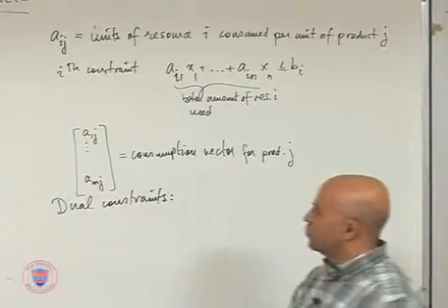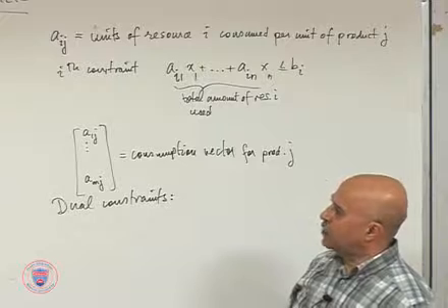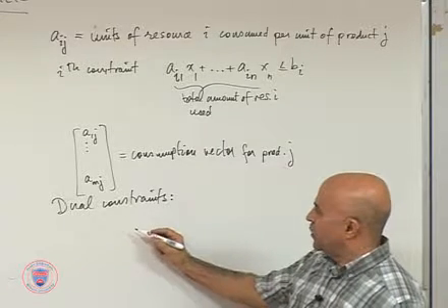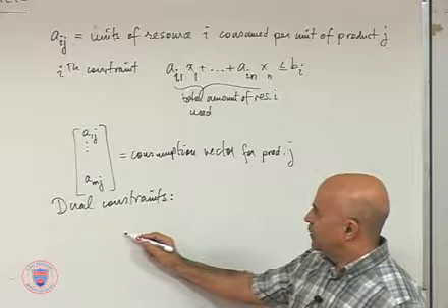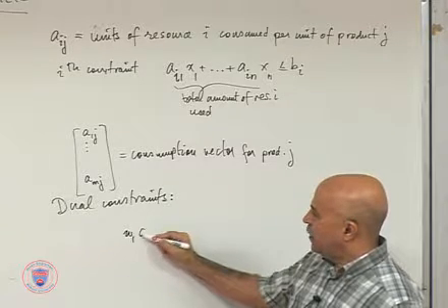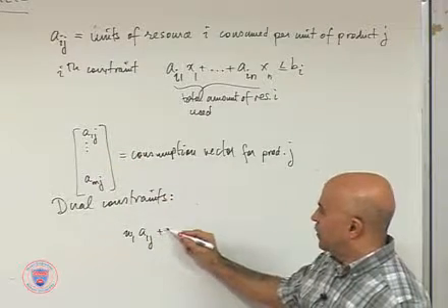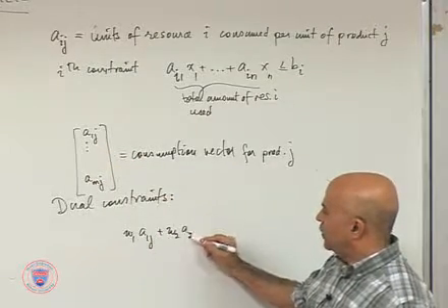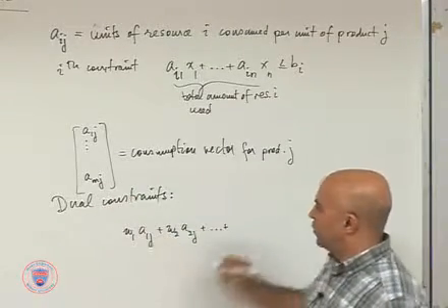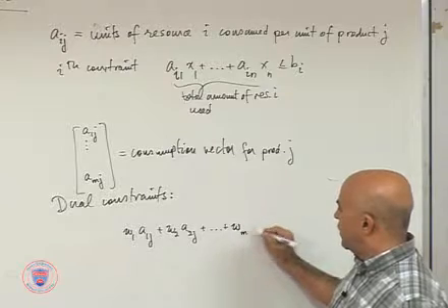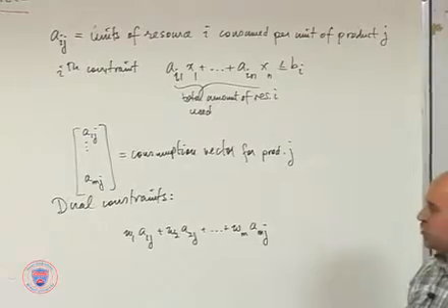Now when you look at the dual constraints, the jth column of the A matrix tells you what the jth dual constraint is. What is the jth dual constraint? w1 A1j, w2 A2j, etc., wm Amj. That's the left side of the jth dual constraint.